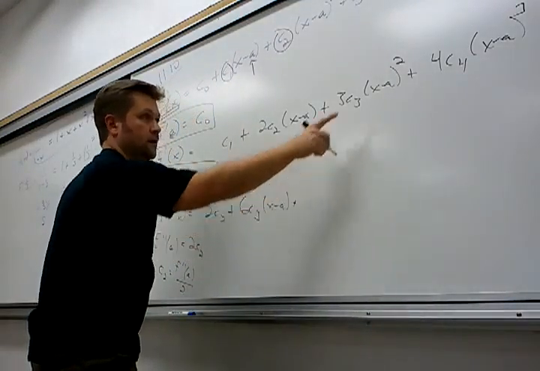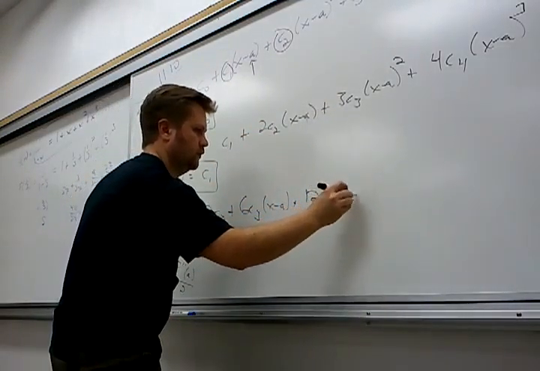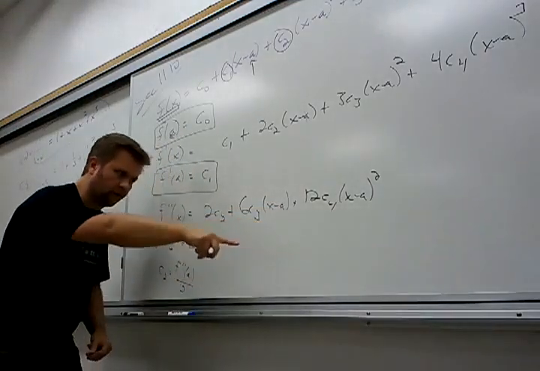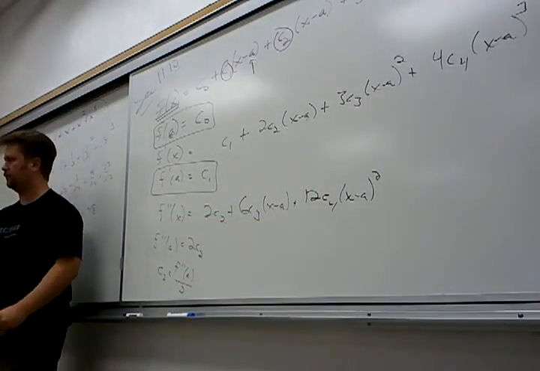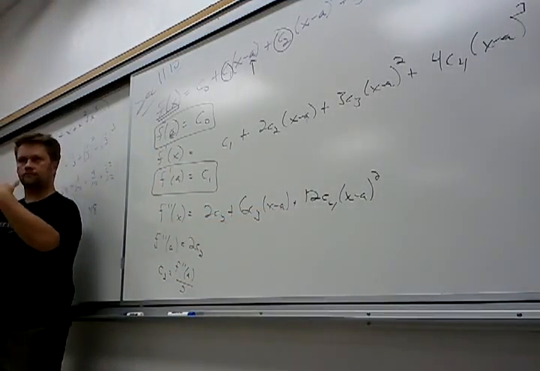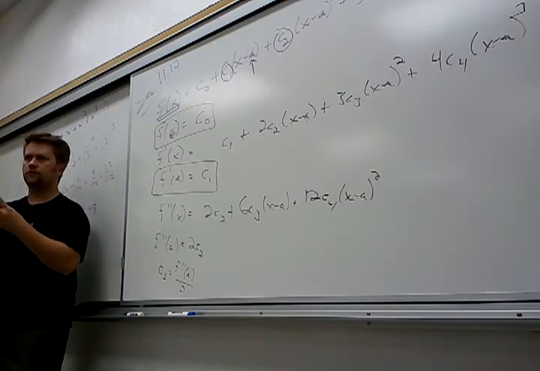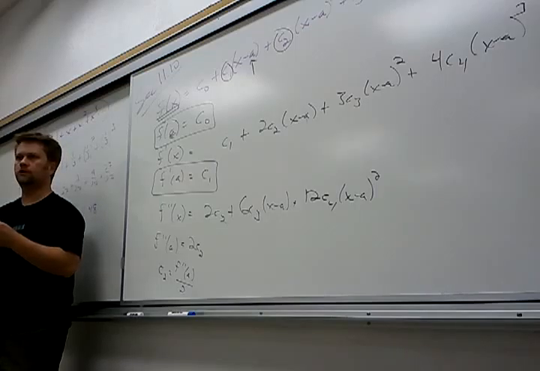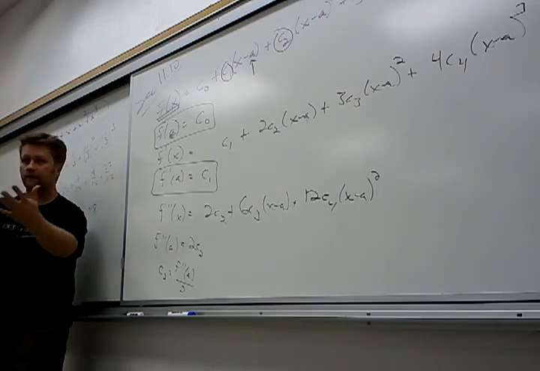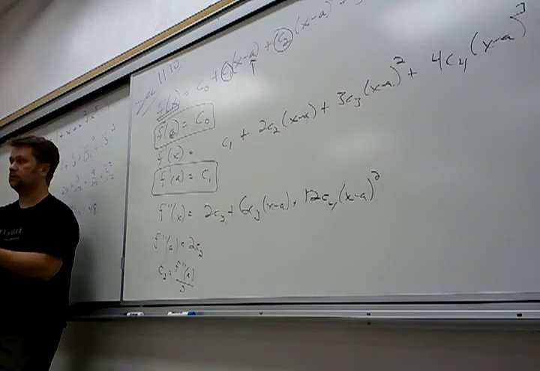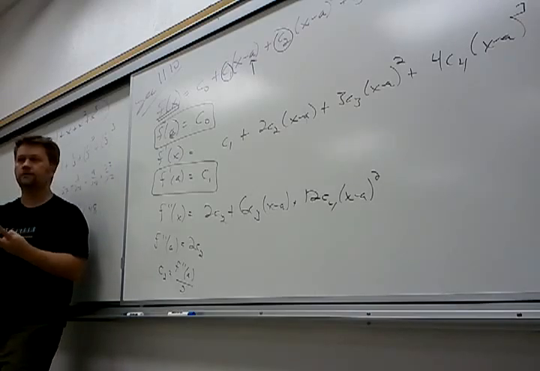This would have been plus 12C4 times (x minus a), which would be 24C4. So I'm going to eventually divide by 24. What is that becoming related to? 1, 2, 6, 24. I keep multiplying by the next number, so it's a factorial, right? 1 times 2 is 2, times 3 is 6, times 4 is 24.